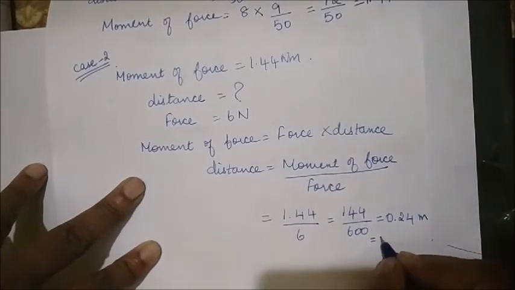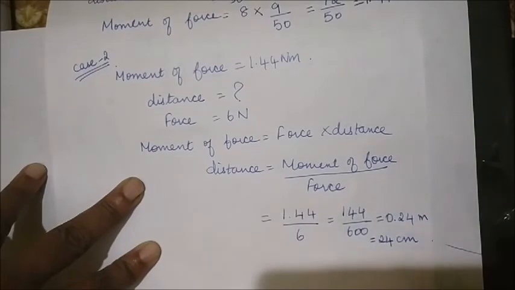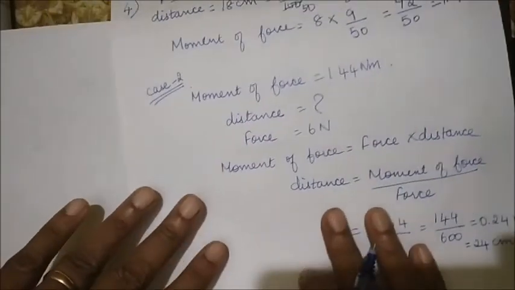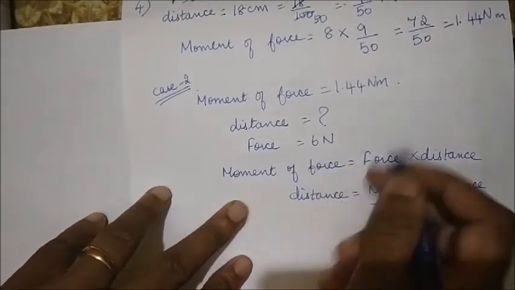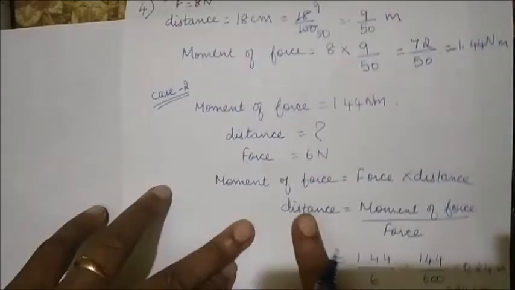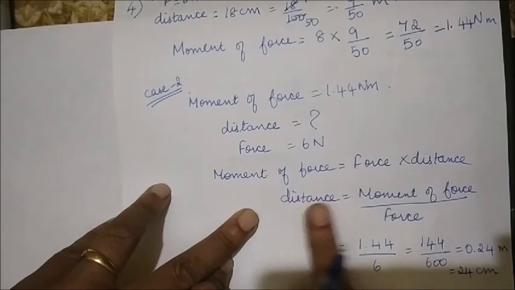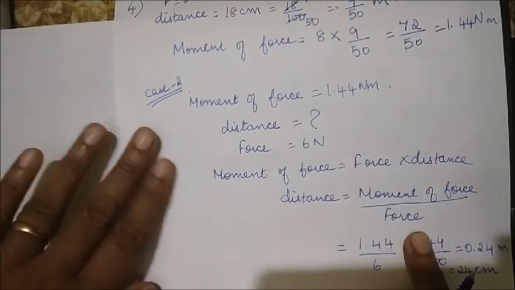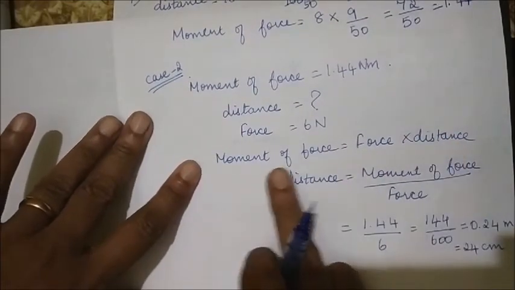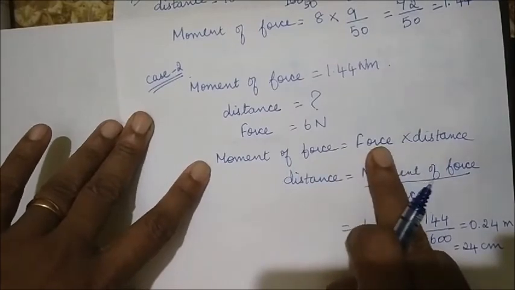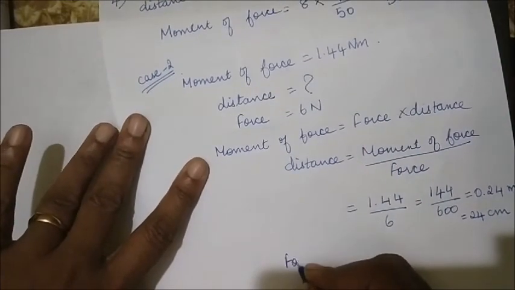Or if you want, you can convert it to centimeter, it will be 24 centimeter. So this is a formula that we get from the main formula. From that I can get this formula also. Distance is equal to moment of force by force. We can also get, if they have asked you to find force giving the distance, I'll be using this formula.